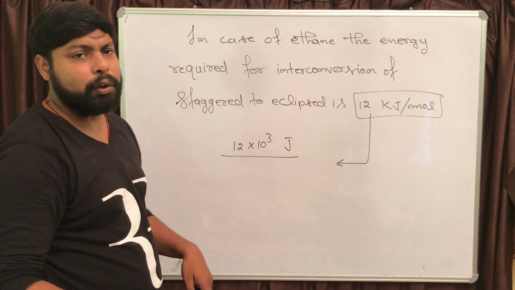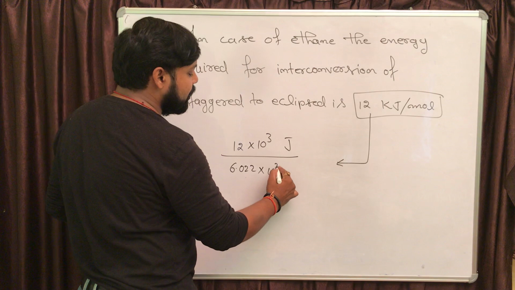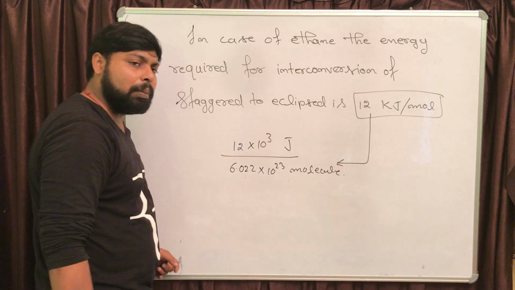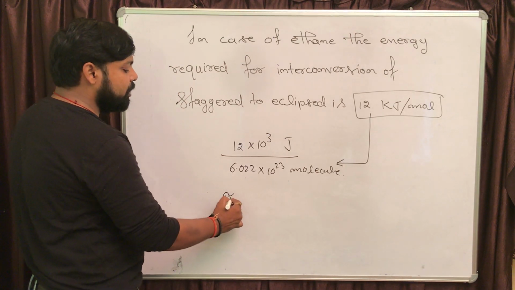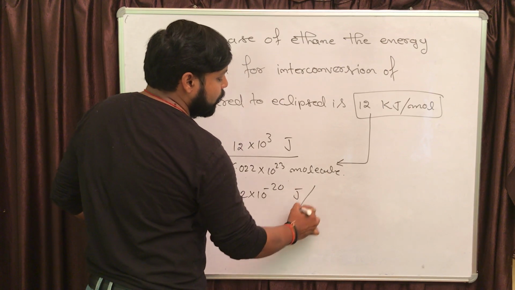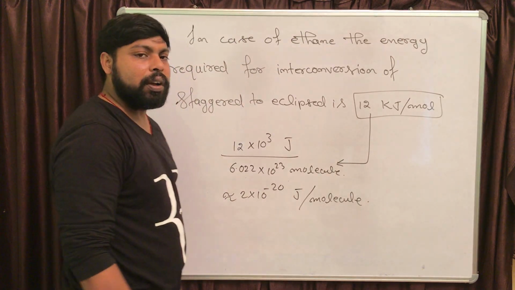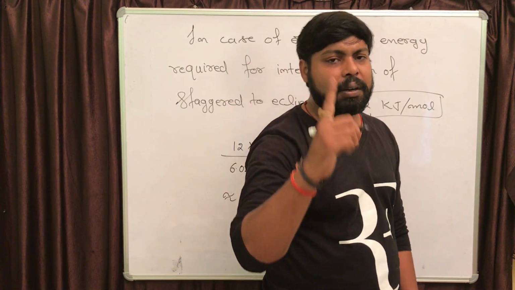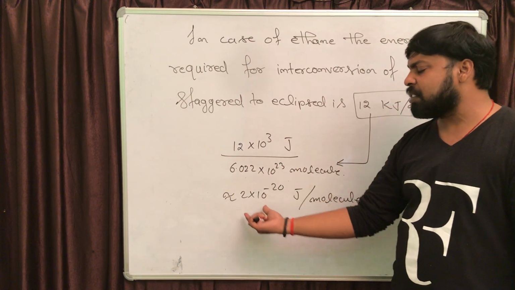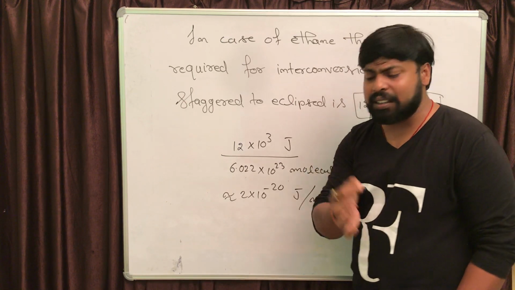Convert that 1 mole into molecules. 1 mole contains 6.022 into 10 raised 23 molecules, right? So if you calculate per molecule, just simplify it. Approximately it is going to be 2 into 10 raised minus 20 joule per molecule. Now you can feel it. For one molecule, the energy required for the conversion from staggered to eclipsed is 2 into 10 raised minus 20. The required energy is very, very less.